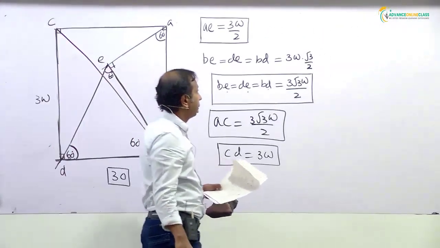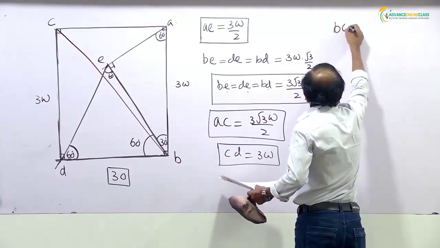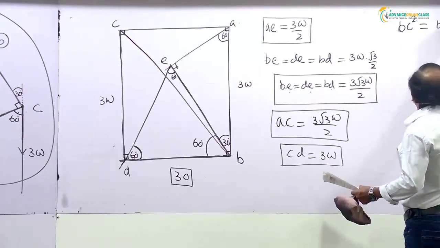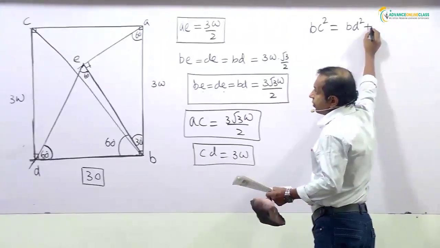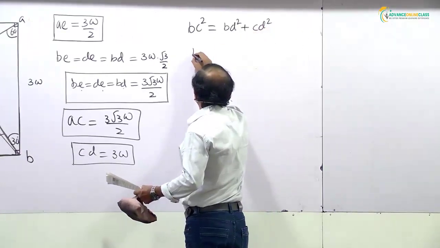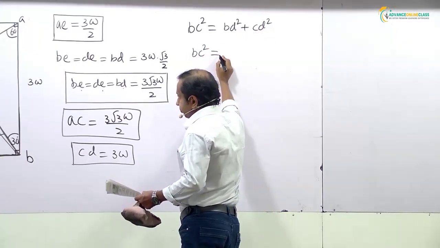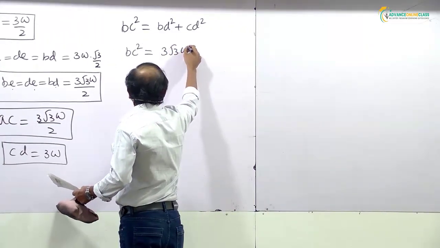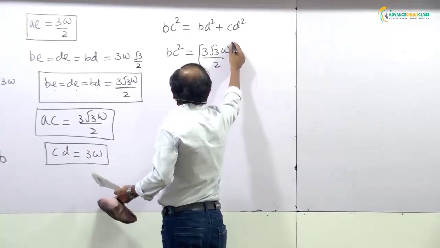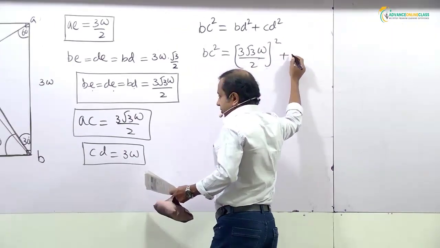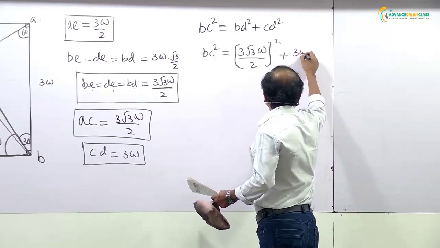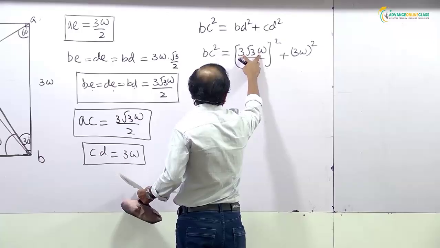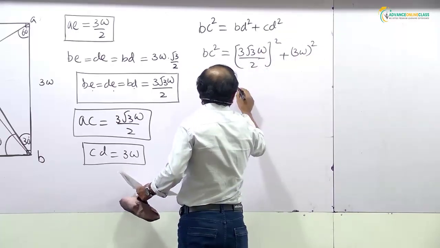Then BC squared, how can we write it? BD squared plus CD squared. BC squared: BD is 3 root 3 W by 2, perfect squared, plus CD squared, 3W perfect squared. 3W perfect squared I can take out.